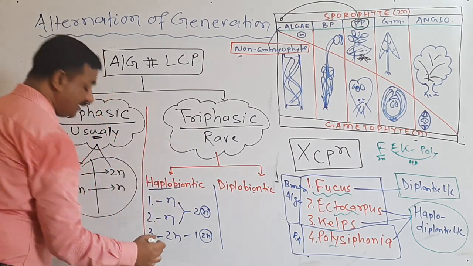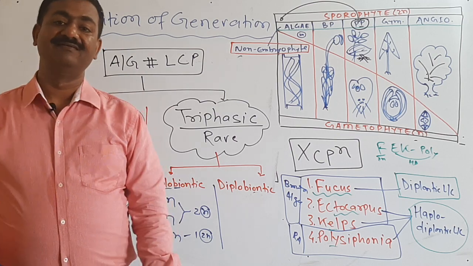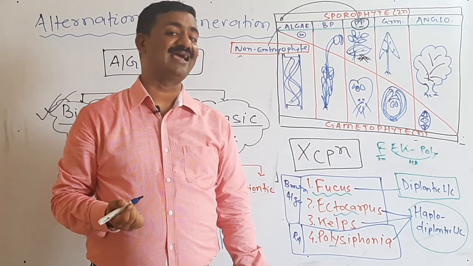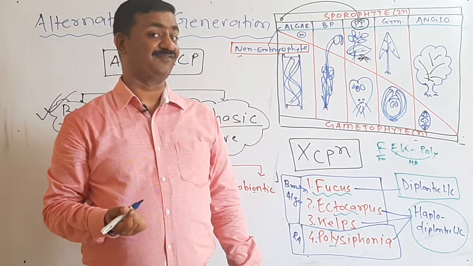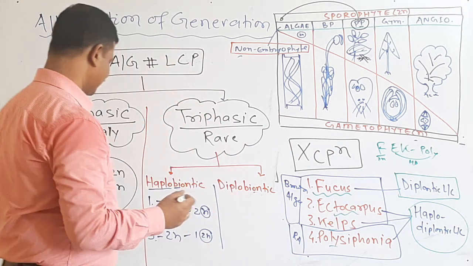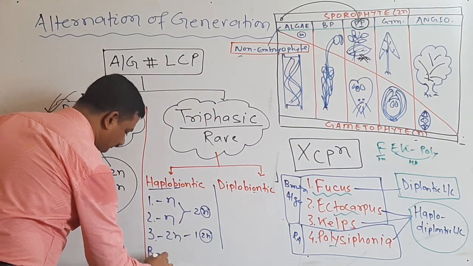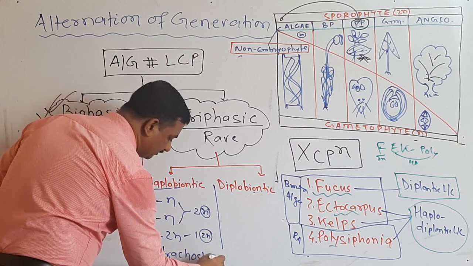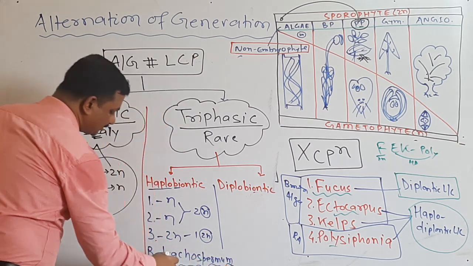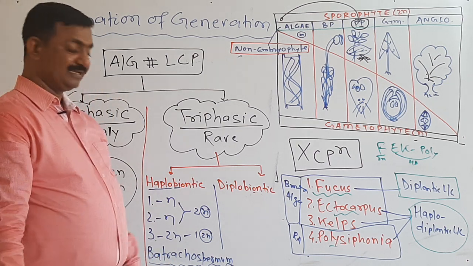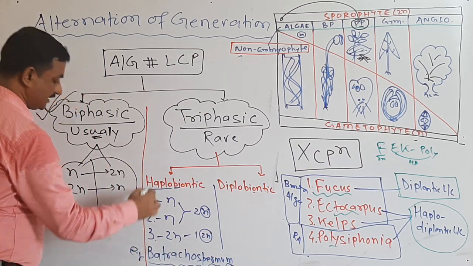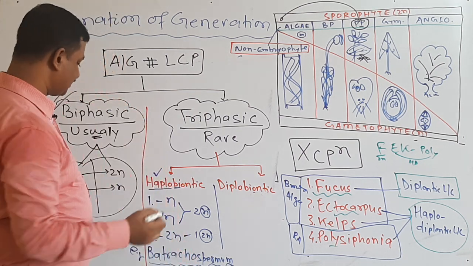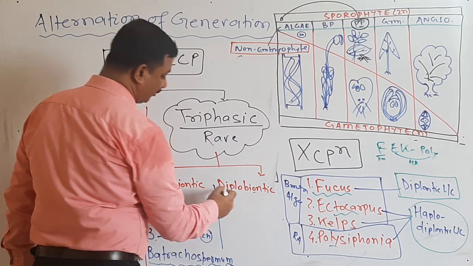This is found in red algae, freshwater red algae very similar to green algae, and this is Batrachospermum. So this is the red alga that executes the haplobiontic life cycle pattern.